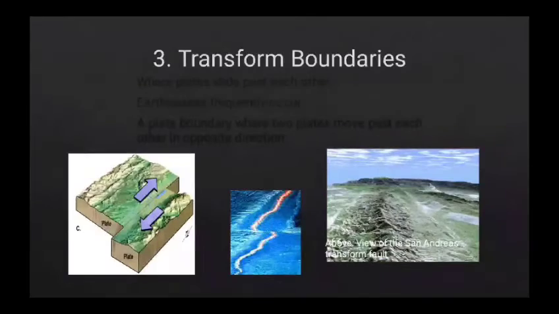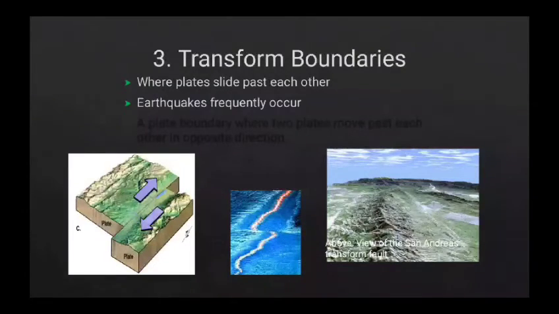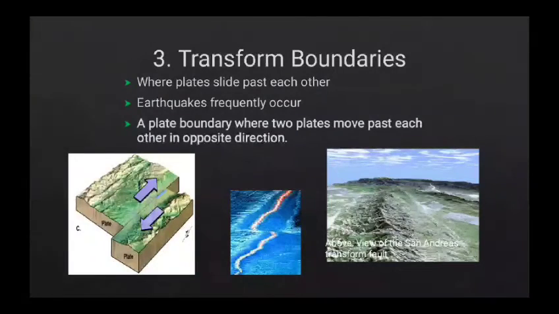The third one is the transform boundaries, where plates slide past each other. Earthquakes frequently occur. Plate boundaries where two plates move past each other in opposite directions. So, they slip past each other or they slide past each other. So, yun yung tinatawag na transform boundaries.